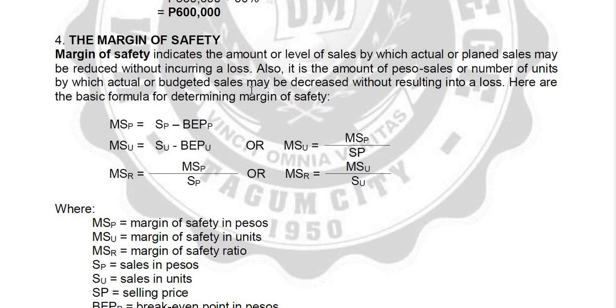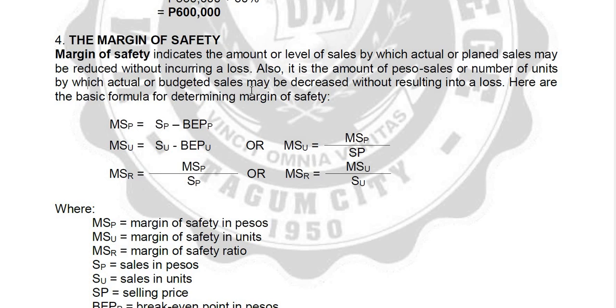Well, hindi ka pa makaka-incur ng loss if ever, like for example, your sales volume will decrease and then, say for example, your current sales volume level is 100,000. So, if you have determined that your break-even point is 60,000, so meaning meron kang margin of safety na 40,000. So, yung sobra ng sales volume mo versus the break-even point.